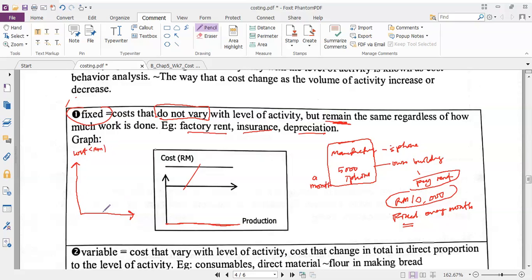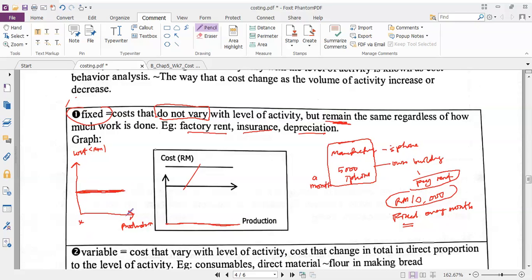For x-axis, ni is for production. Even though your production is the same, your cost will remain constant. So that's why your graph will be flat only.